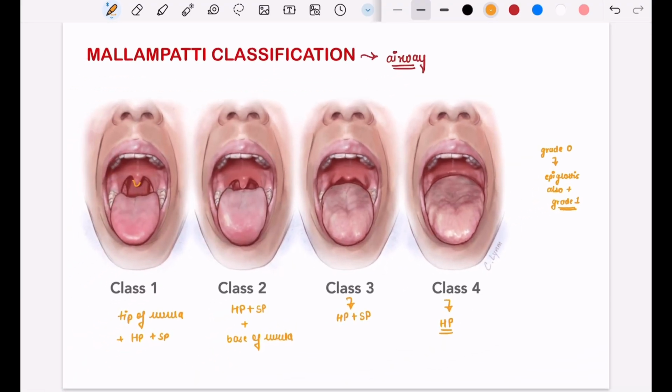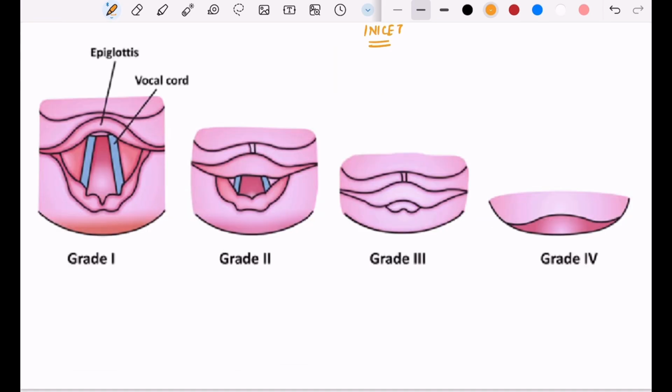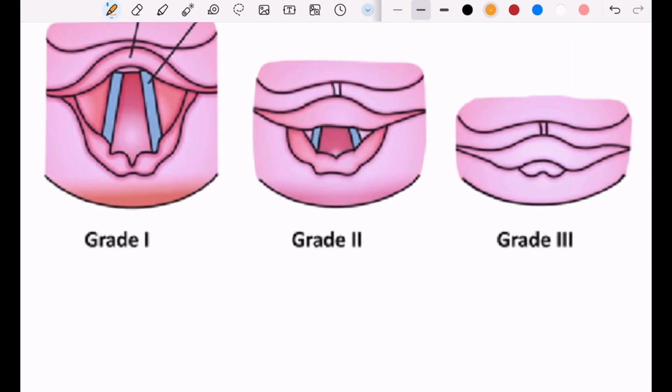The next scoring system is Cormack-Lehane grading system. It is important only for Inicet. In grade 1 of Cormack-Lehane, we can see the complete glottic opening. In grade 2, we can see only the posterior part of glottis.